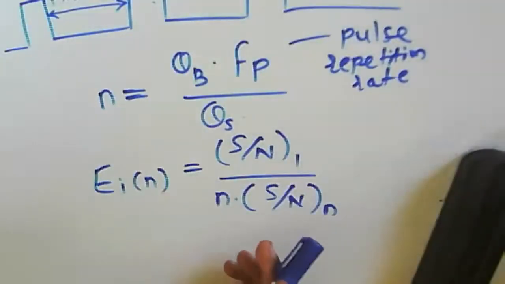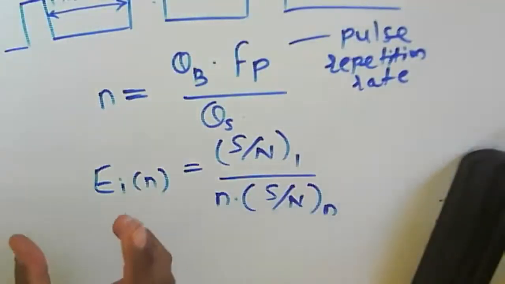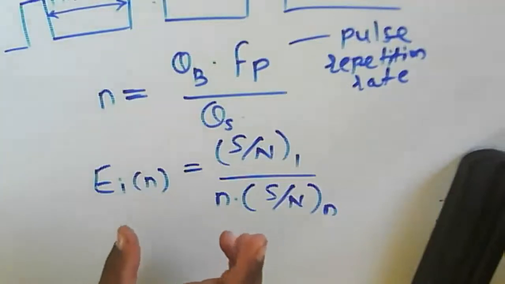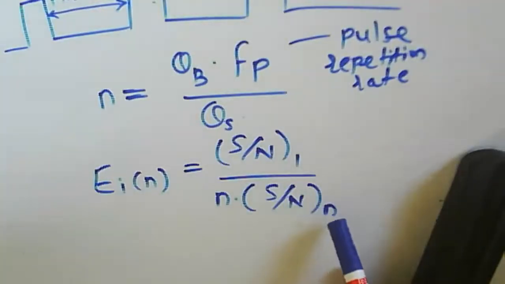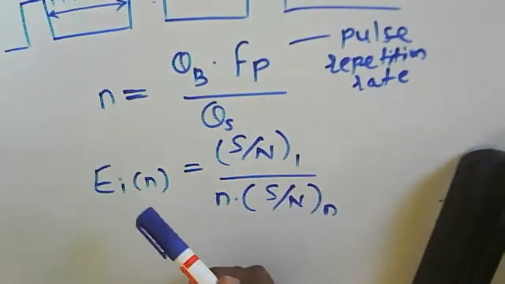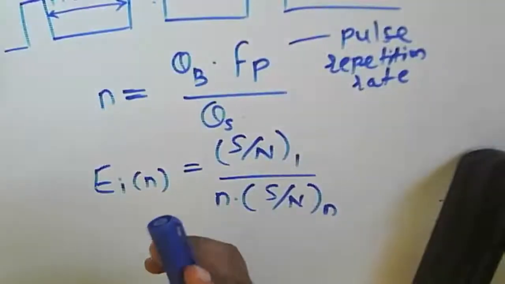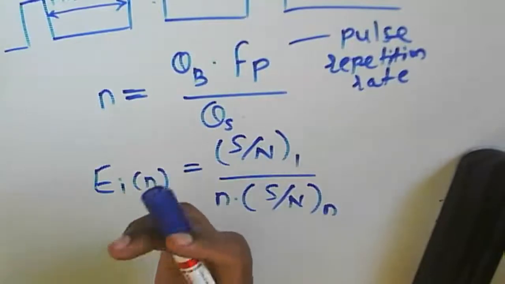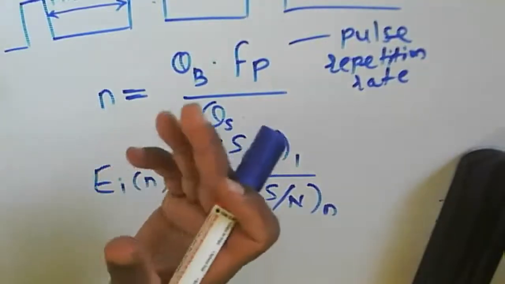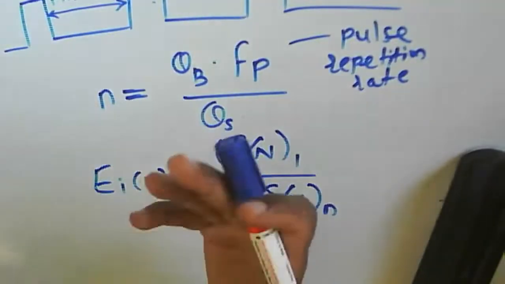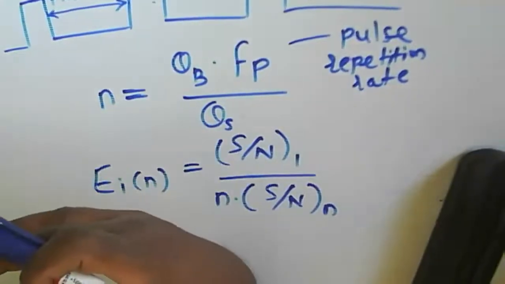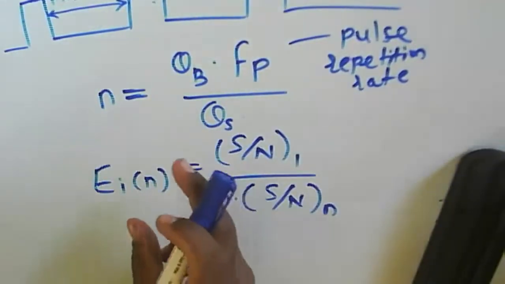So instead of S by N of 1 here, it is S by N of n here. Okay, signal to noise, that is nothing but integration. N number of pulses are integrated there. And generally we suppose that all the pulses are received without noise.